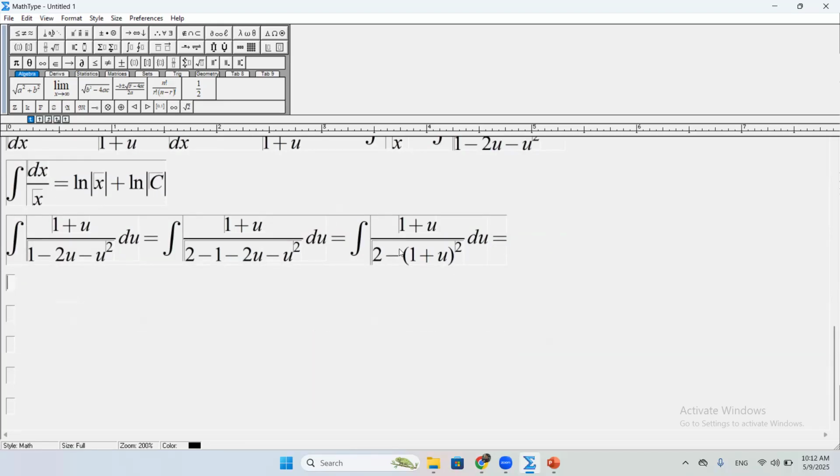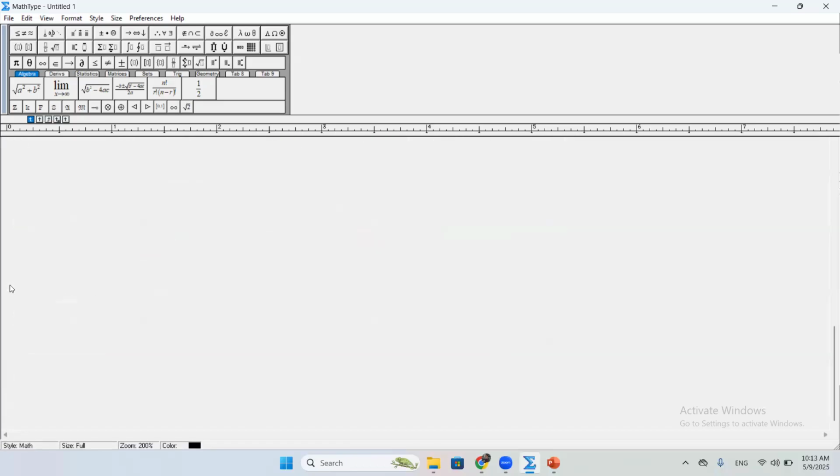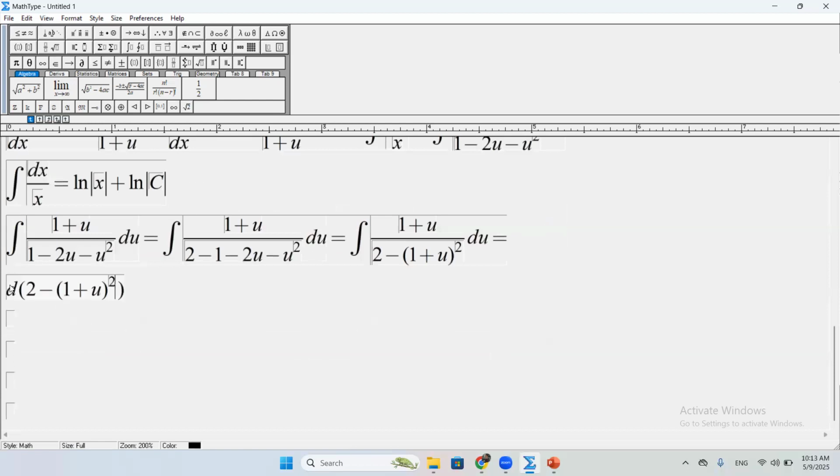And what do we see here? Actually, in the numerator there is something similar to the differential of the denominator. If we differentiate the denominator, we will receive minus 2 (1 plus u) du.